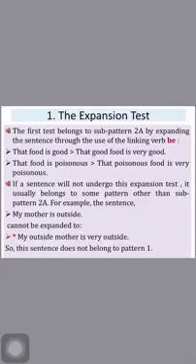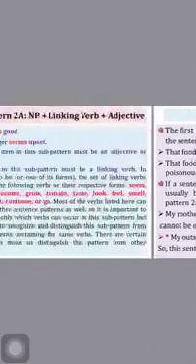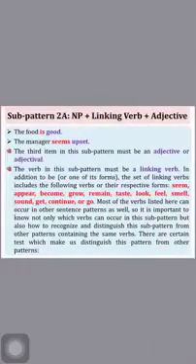The first one is called the expansion test. That is to say, I am going to expand the sentence to make it larger. I will add certain words to the sentence to see whether it belongs to pattern number 2A or not. Food is good. You remember this from the previous slide.